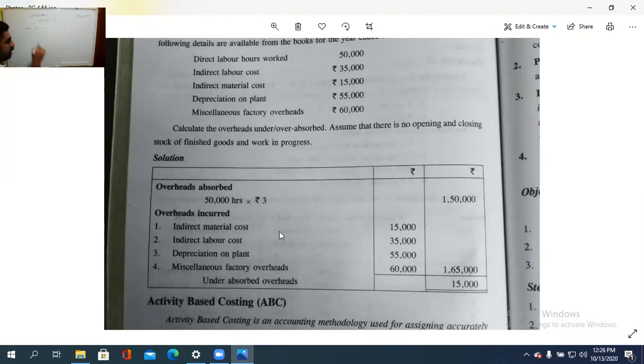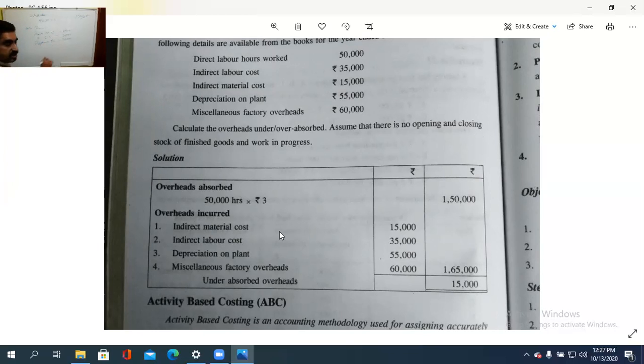Indirect material cost is 15,000. That is already given in the question. Then indirect labor cost is 35,000. Then depreciation on plant, that is 55,000.